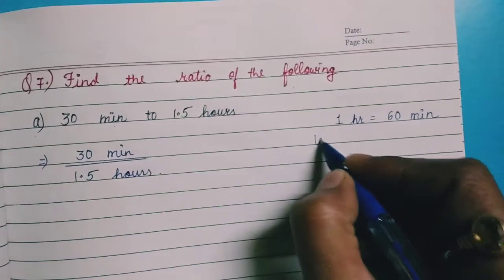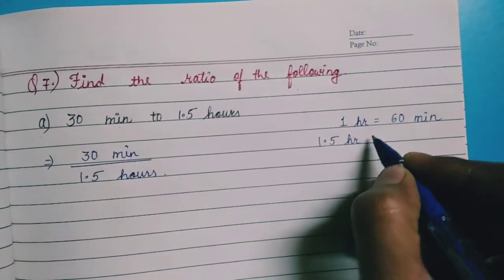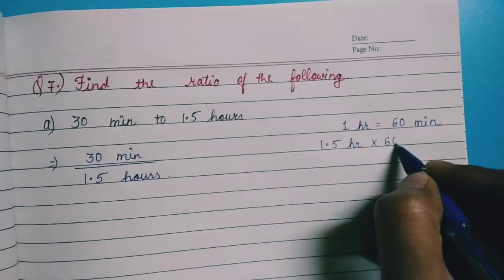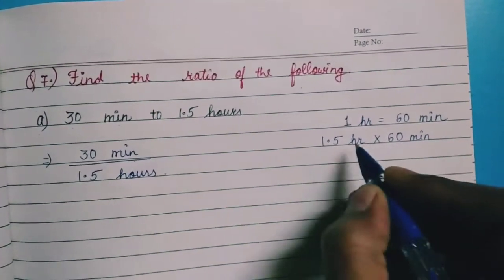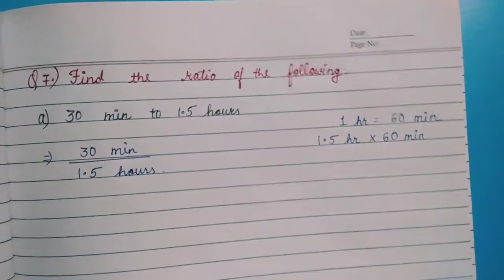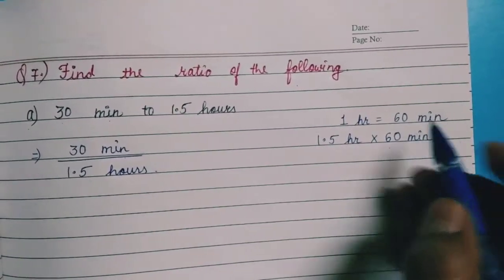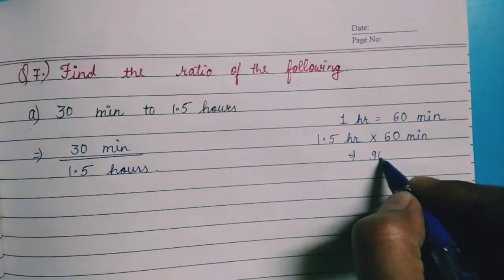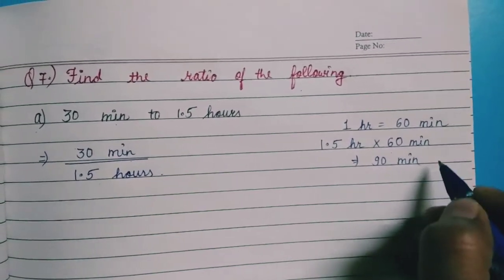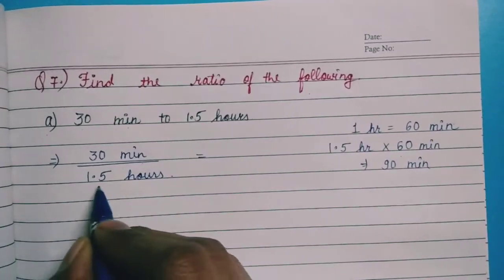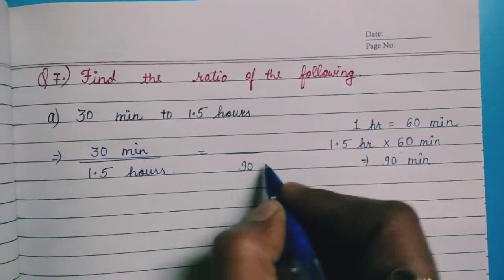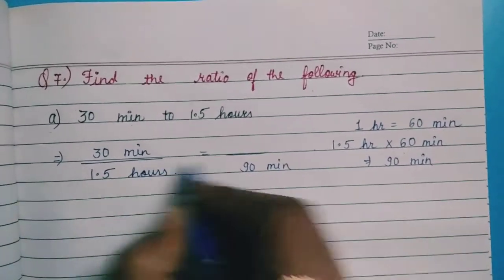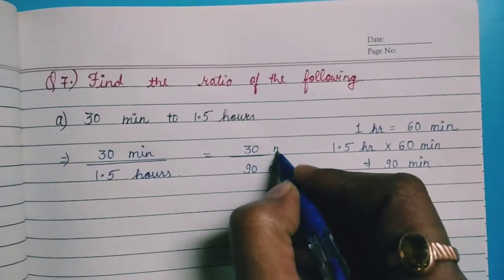So this 1.5 hours we will multiply with 60 minutes, which will give us 90 minutes. It means in place of 1.5 hours we will write 90 minutes, and 30 minutes as it is.